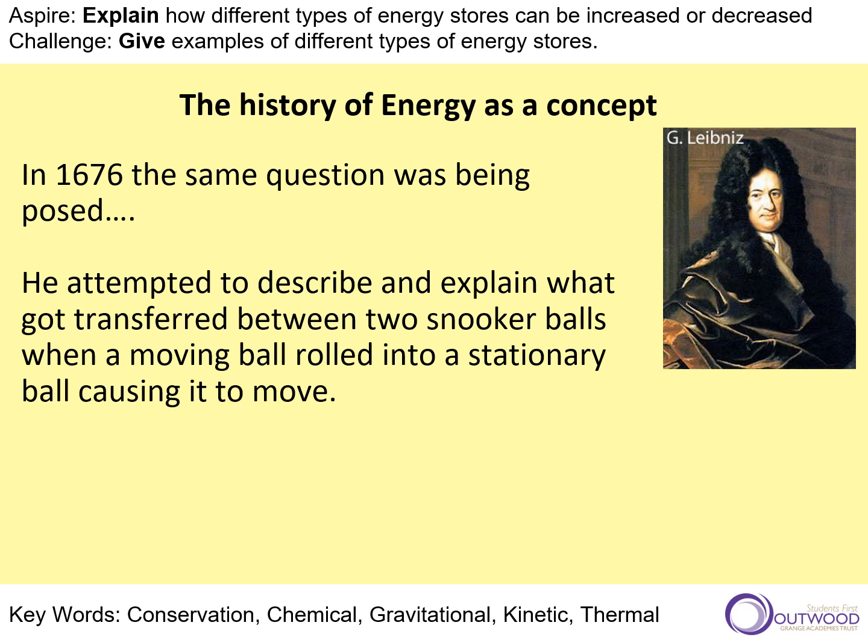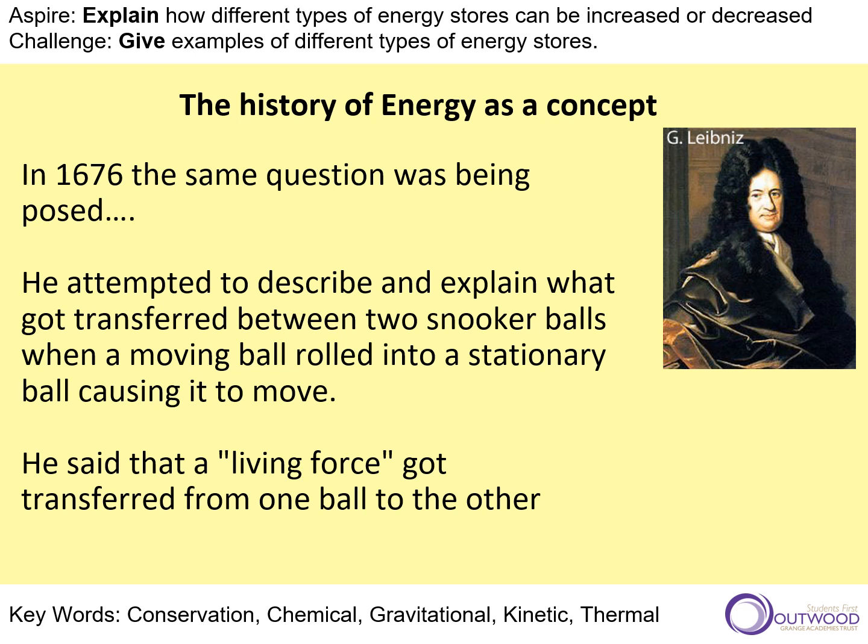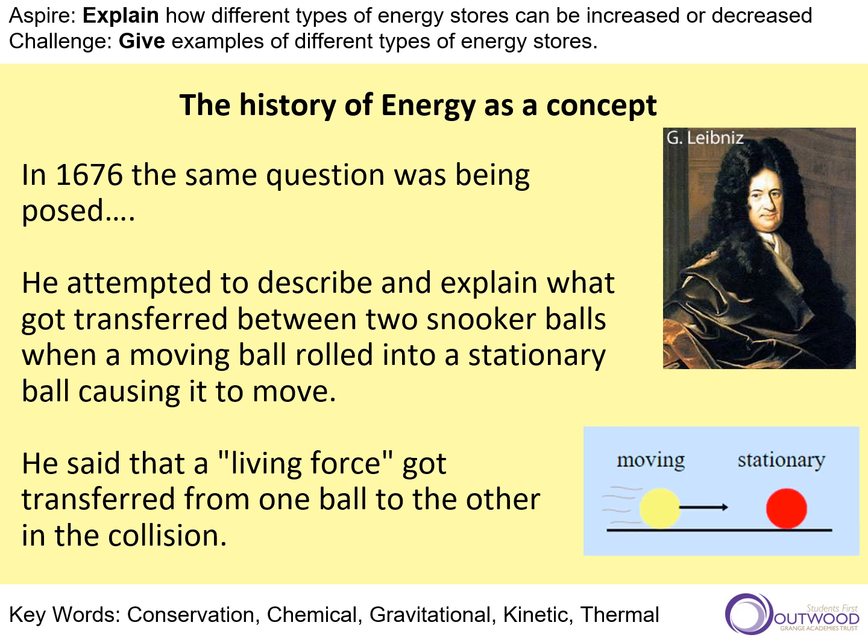So what he attempted to describe and explain is what got transferred between the two snooker balls when one was stationary. So going back to that image, he decided to call that movement or that transfer a living force. So he said that a living force got transferred from one ball to the other in a collision. So he called it the living force, and obviously this is in the 17th century.